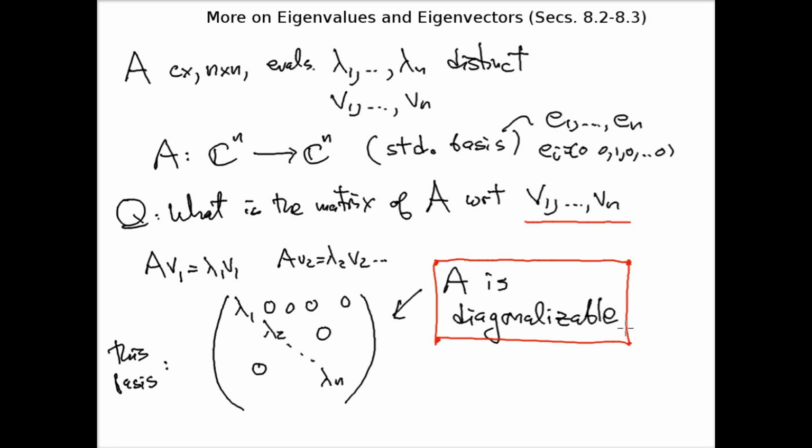If you're given an arbitrary matrix, its behavior with respect to the usual basis could be very complicated, but for solving a problem, it might very well be much, much easier if you choose this special basis, which is suited to A, which makes A diagonal, and then it's very easy to compute with.